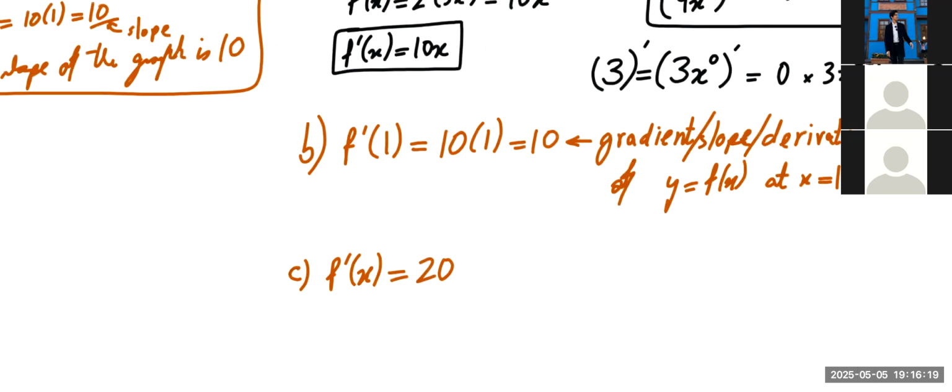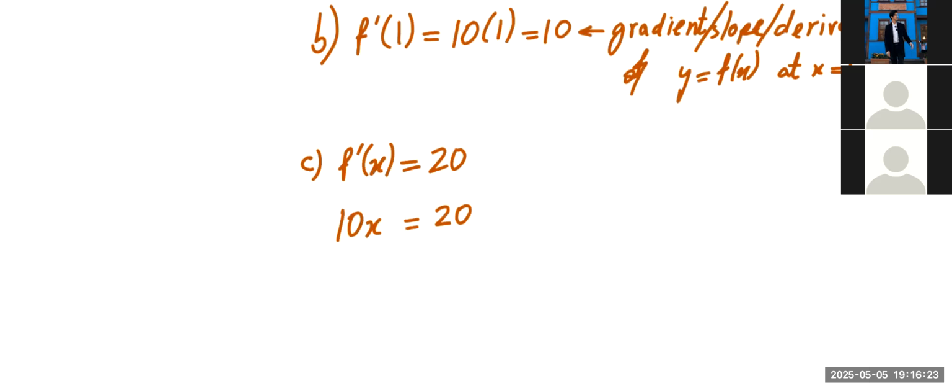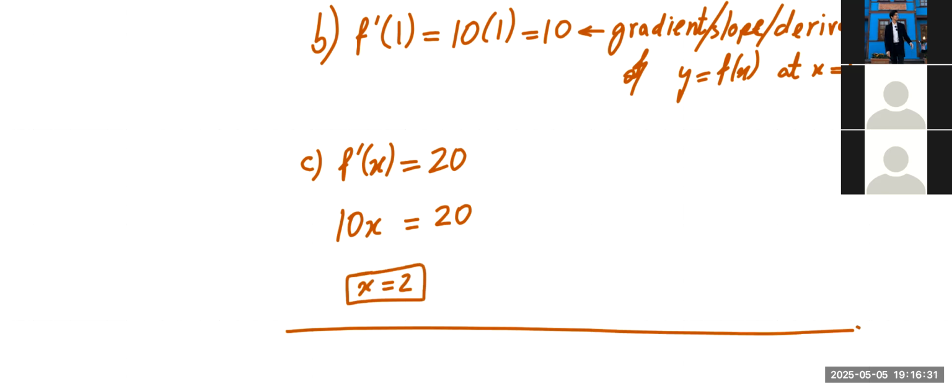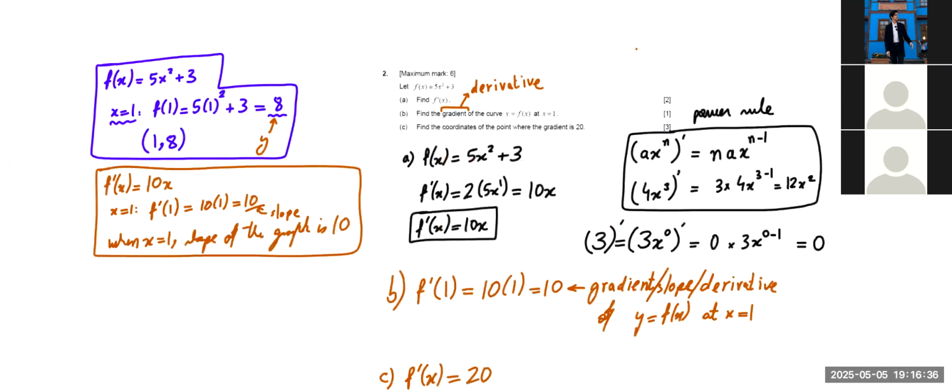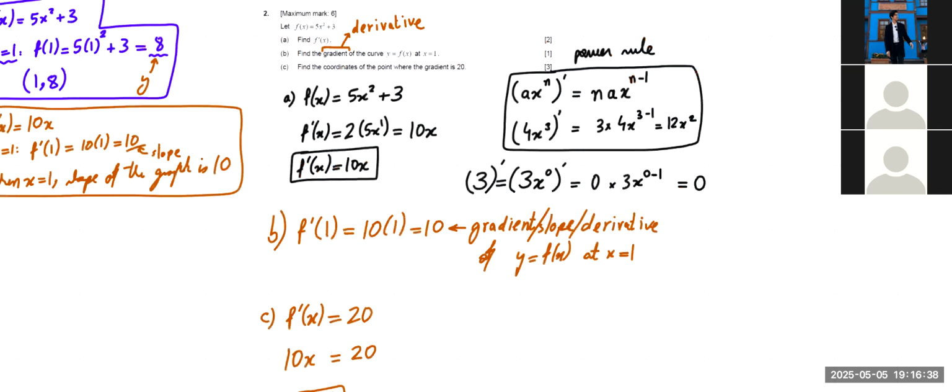What's the derivative? 10x. What's it equal to? 20. x must be 2, because if I divide both sides by 10, I get x equals 2. That's the answer. So remember, gradient and derivative are synonymous. They're the same thing. Does this question make complete sense now?